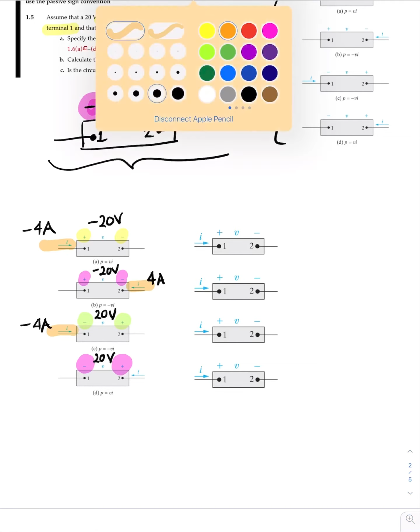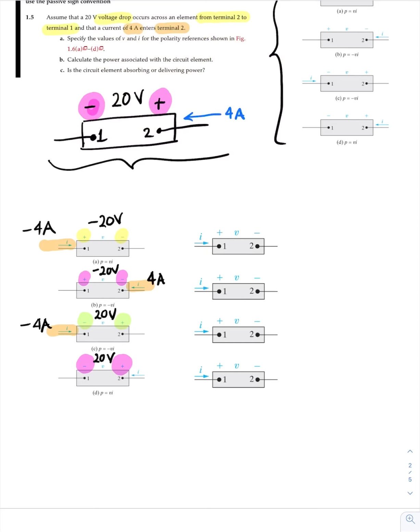If we look at the direction of current in circuit D, it lines up with the same direction as our defined current. So our current value is a positive 4 amps. So that takes care of A.